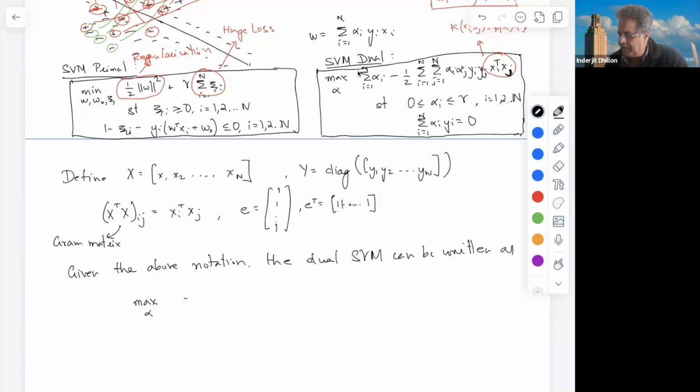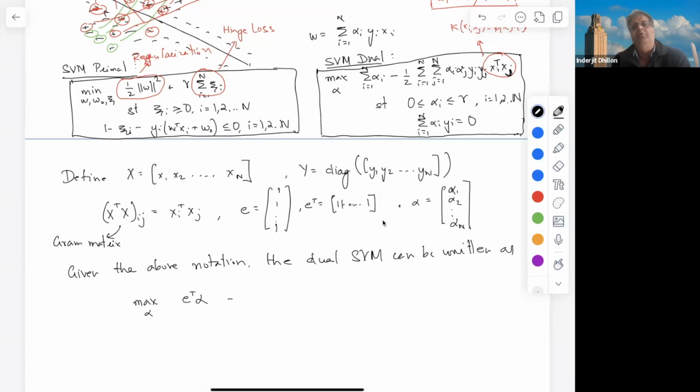Summation of alpha i is just E transpose alpha, the inner product of the all ones vector with alpha, where alpha is the column vector of alpha 1, alpha 2, and so on.